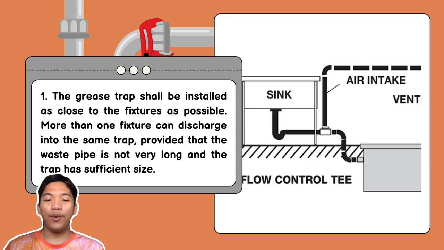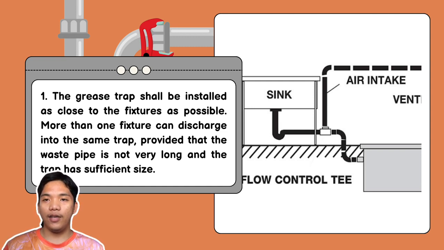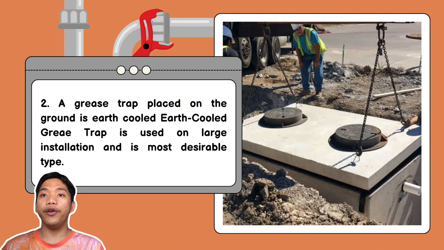So itong number 1 is kailangan talaga yung grease trap natin is naka-connected lang siya sa isang fixture o sa isang, sabi natin sa faucet. Kailangan talaga is sufficient yung size ng grease trap para kahit papano is kaya niyang ma-discharge yung mga FOGs. Number 2, a grease trap placed on the ground is earth-cooled grease trap, used on large installation and is most desirable type.